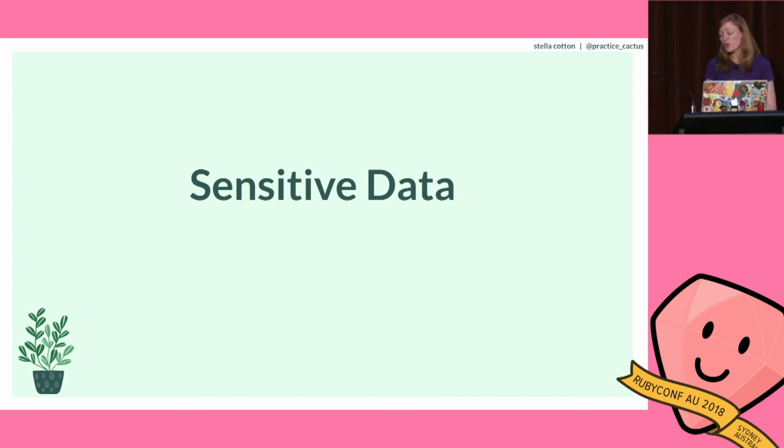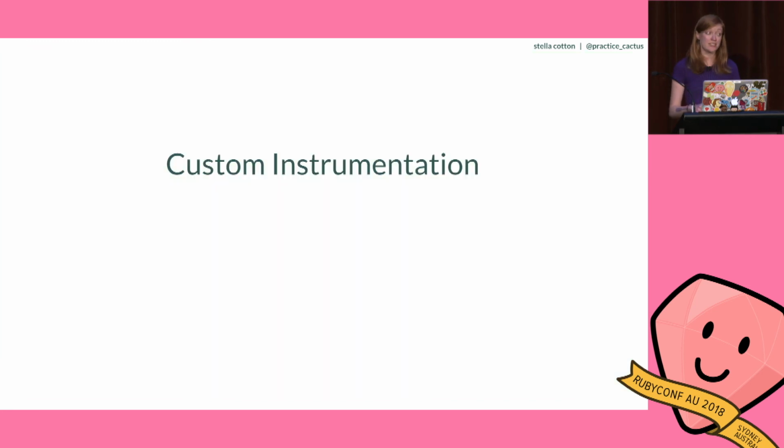And if your organization has PII, any kind of really sensitive data, keep an eye out for at least two security issues. One is custom instrumentation. So if you try to instrument something inside of your application, like Postgres, and you're logging SQL calls, be careful when you do custom tracing that you're not accidentally sending PII, personally identifying information, to your Zipkin or your distributed tracing provider, because that's not awesome.